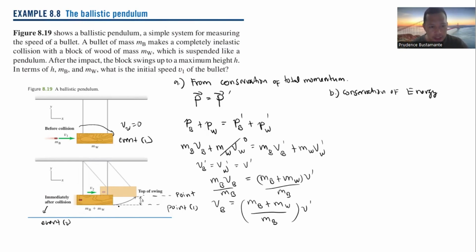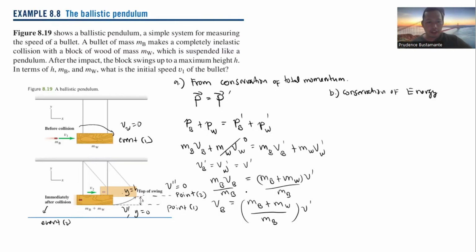At point 1 it has a velocity v prime, and at point 2 we treat v double prime as equal to 0. And the height y at point 1 is equal to 0, and at point 2 the height y is equal to h.